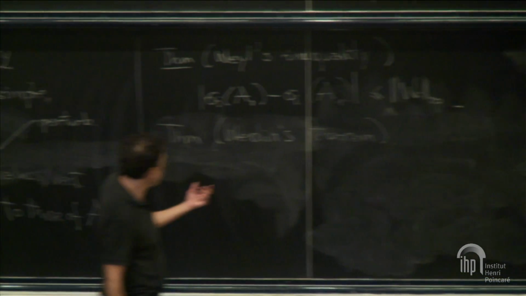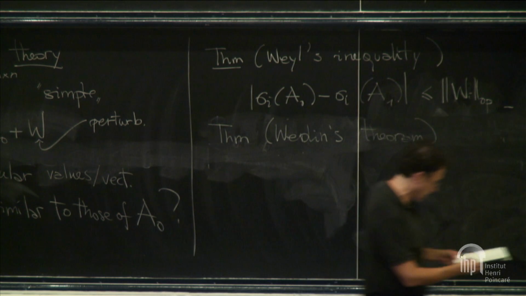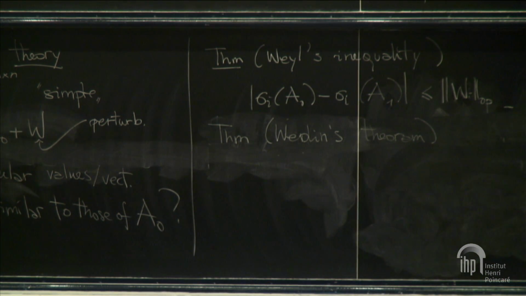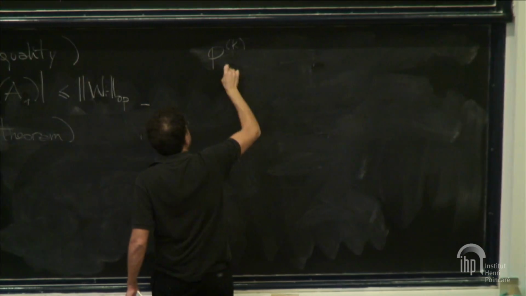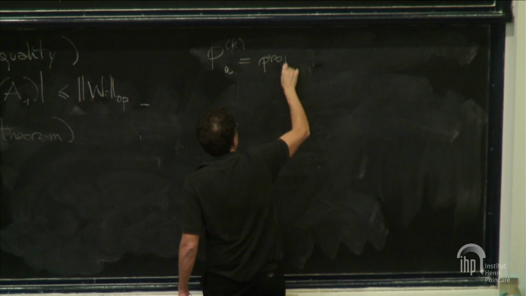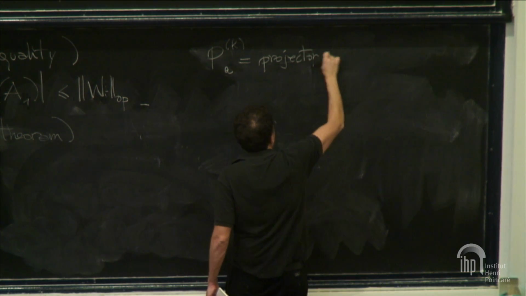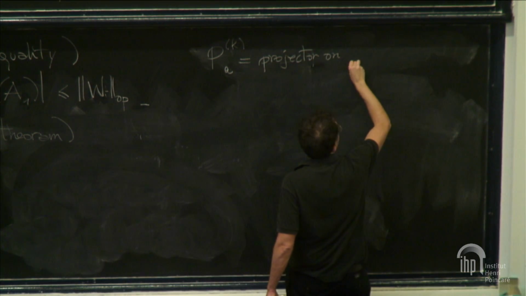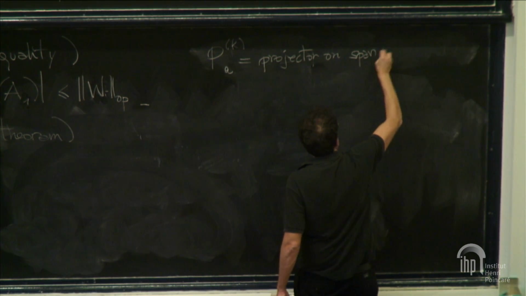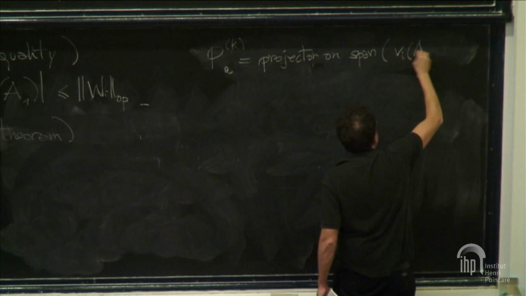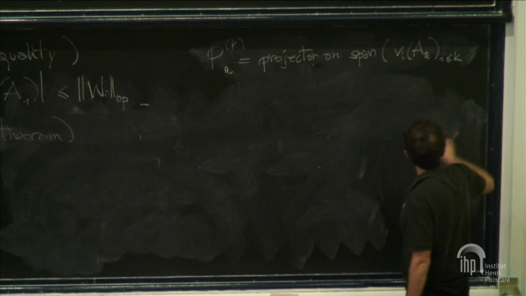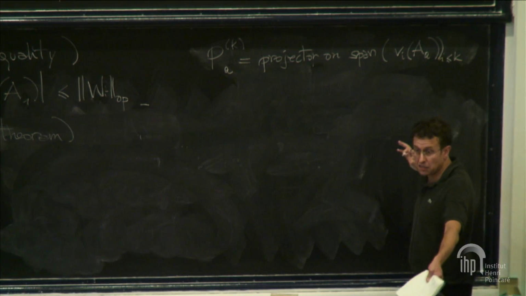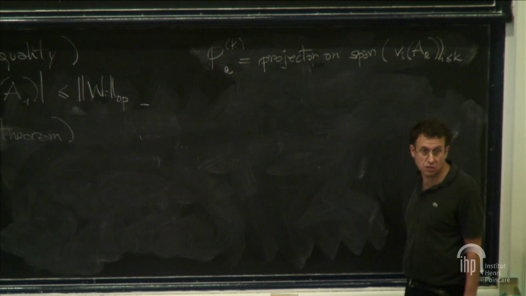I need to give you a notion of distance between singular spaces, and one way to do it is the following. I have A0 and A1. I'll denote by P_k(A) the projector on the span of the top k singular vectors of A. Take the top k singular vectors and look at the span of those vectors.